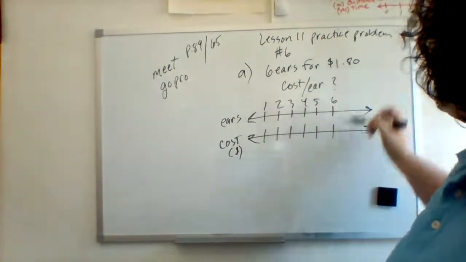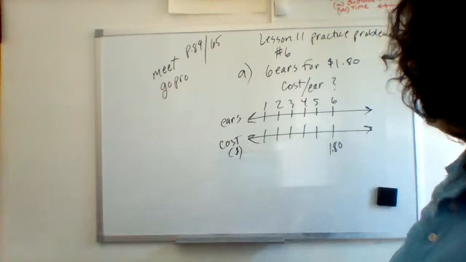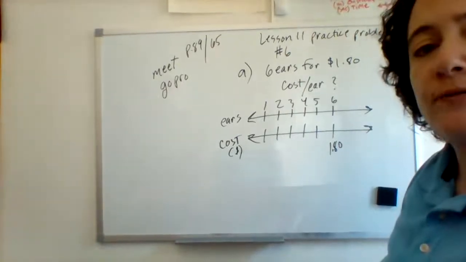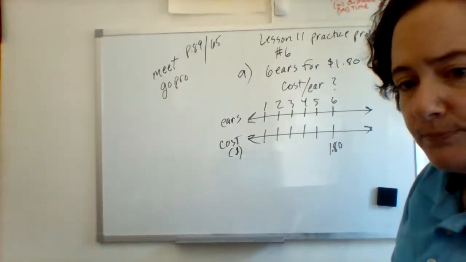They're saying that 6 ears cost $1.80. Now, Fergie, you said you divided. Please tell me what you divided.